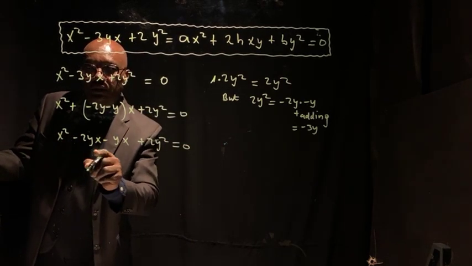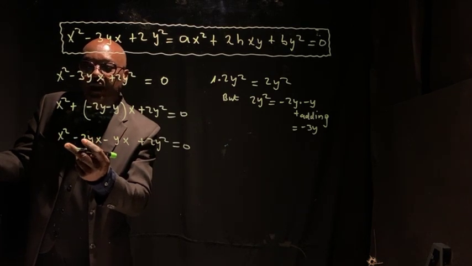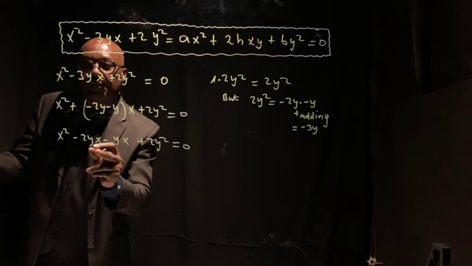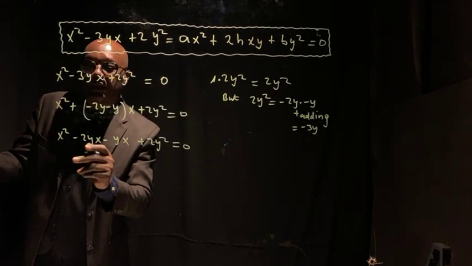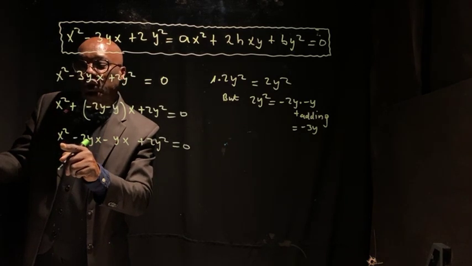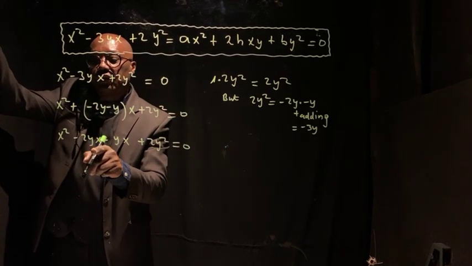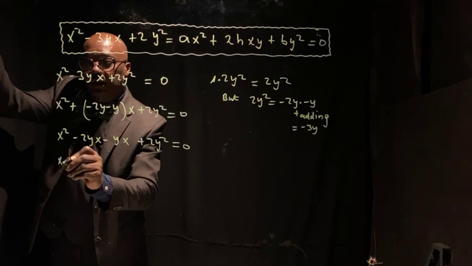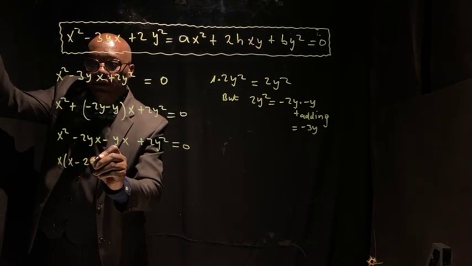We are using this one as the point where factorization begins. So we are going to factorize x out of this and this. So we have x minus 2y.